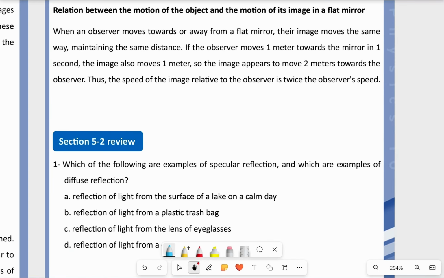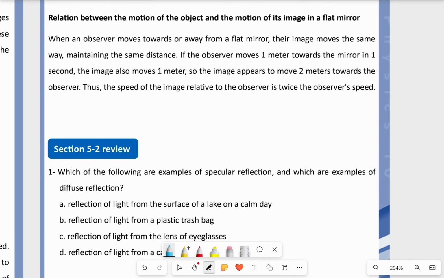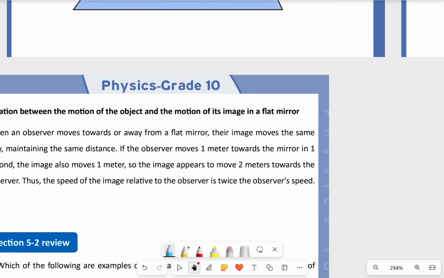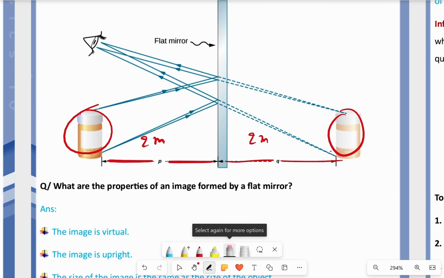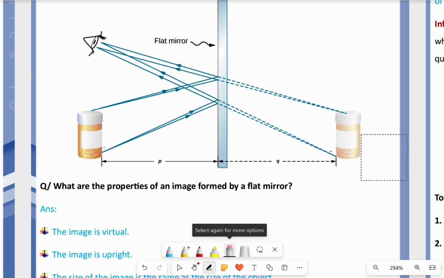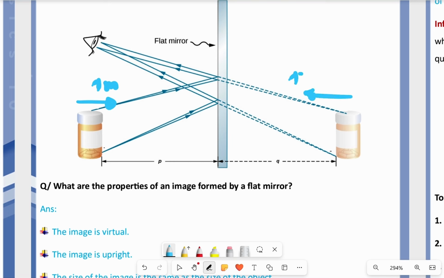We have the motion of the object relative to the image. Let's take this as an example. You can try this with a plane mirror. If this object moves 1 meter close to the flat mirror, this image is also going to move 1 meter.